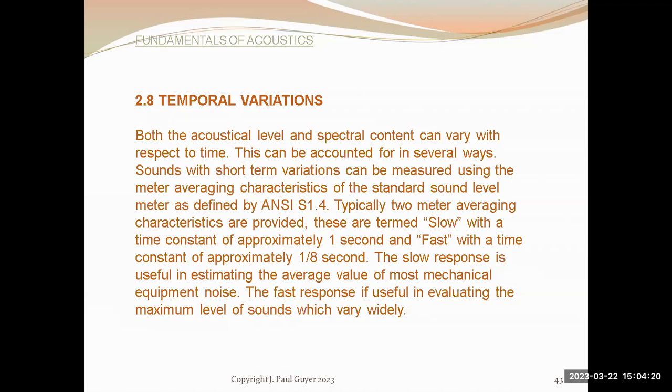Obviously this is not exact, but it doesn't need to be exact in building design. Reducing the sound level to a single number is an accepted and practicable way to characterize the sound being produced in the source room.